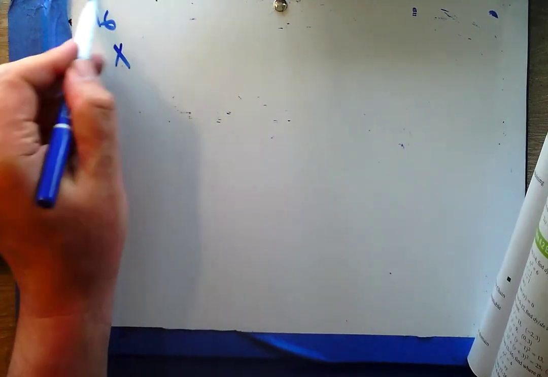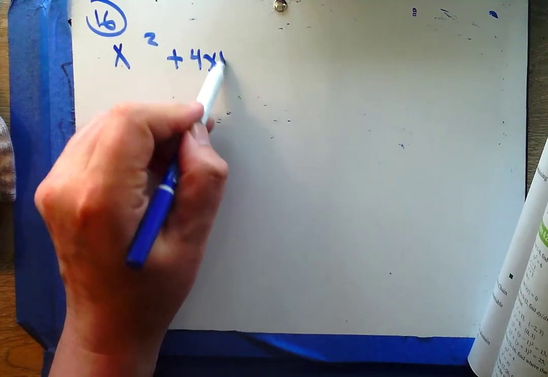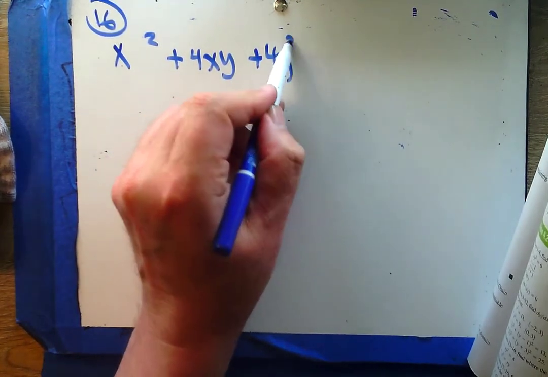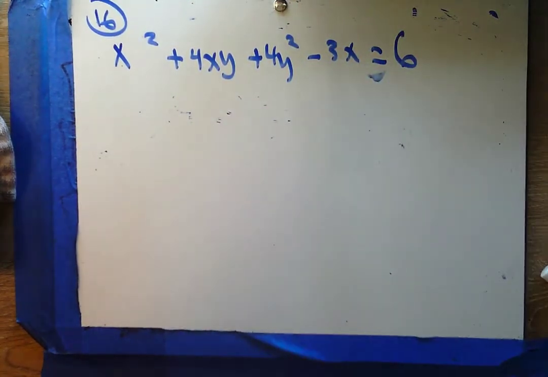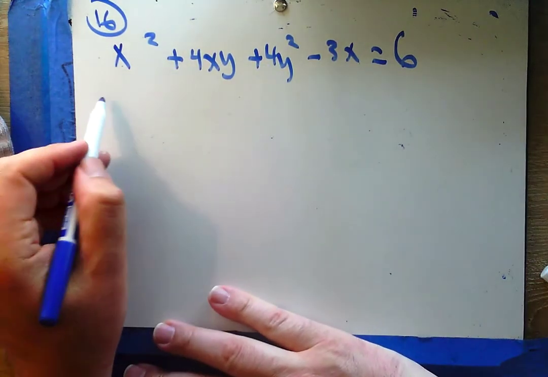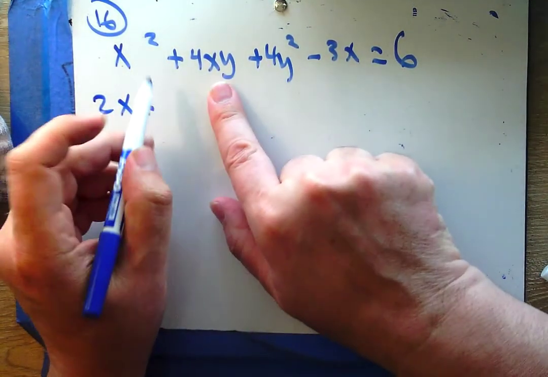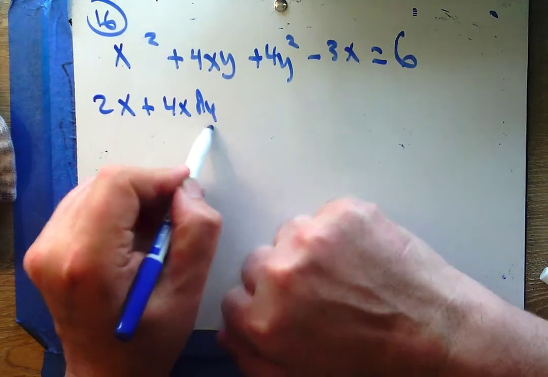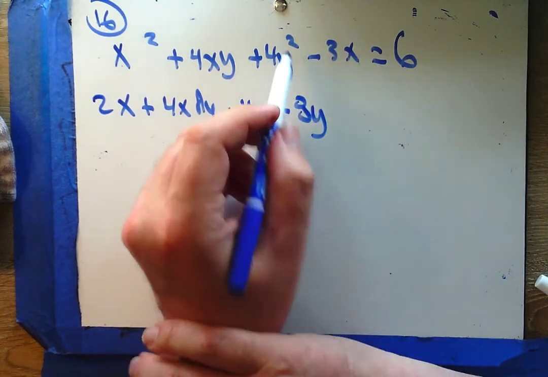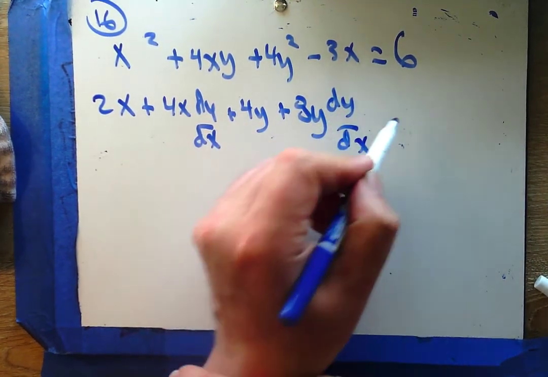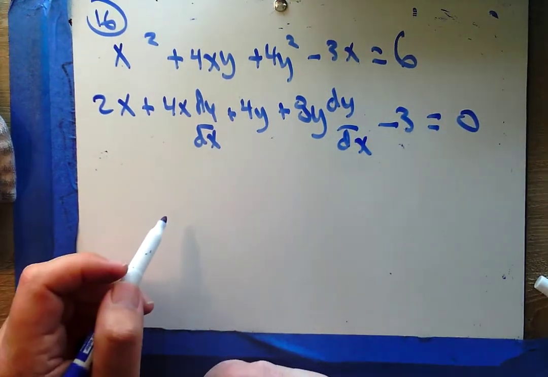16. 16 says, where is the slope defined? And this time we're given x squared plus 4xy plus 4y squared minus 3x equals 6. Hey, this kind of looks like that perfect square trinomial one that we did, but it's not quite. So 2x plus, product rule, 4x dy/dx plus 4y plus 8y dy/dx minus 3 equals 0.